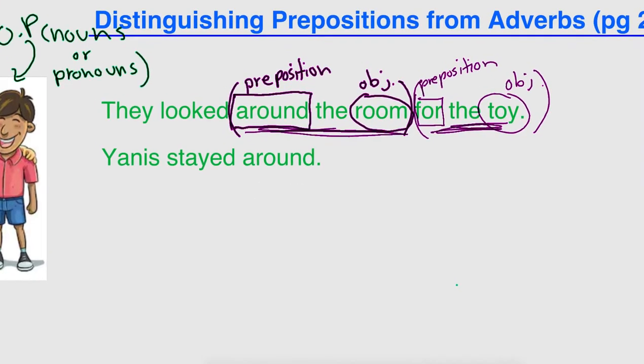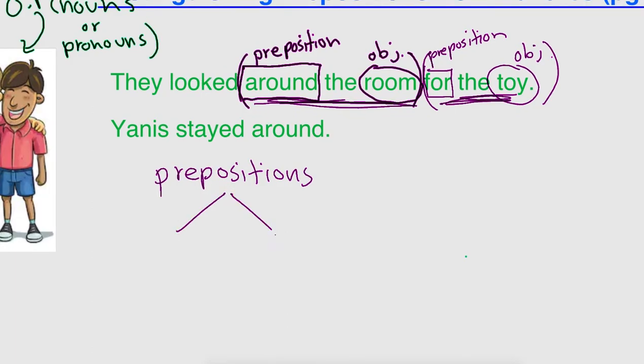Remember, prepositions usually tell us when and where. Around tells us where, and other words tell us when, like until or after.